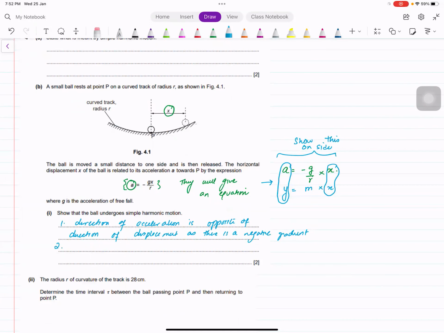The other thing is you should remember that the gradient minus g over r is equal to negative omega square. Do you guys understand? If you write this, then you get full marks. Understood? So you have to just explain that this is what a equals minus omega square x is. Understood? Any questions now?